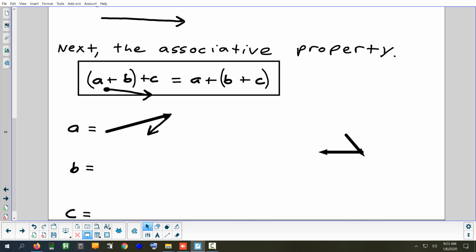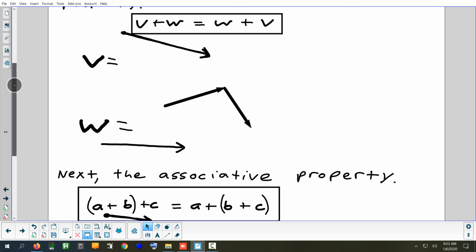There's A. There's what I just did. Put that on the end of it. And now draw that. So that's the final answer, doing it the way that's on the right. And if I compare them, they're close. They are a little off because I didn't do it perfectly. But the idea is it should be the same. So that's the associative property.